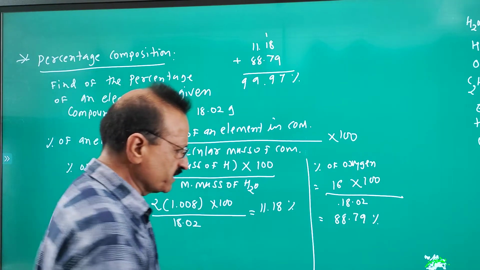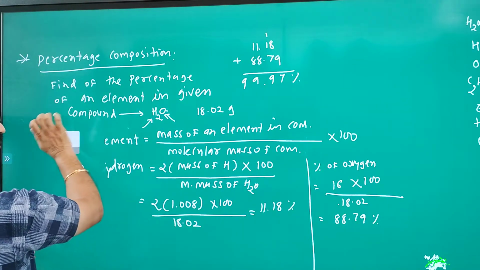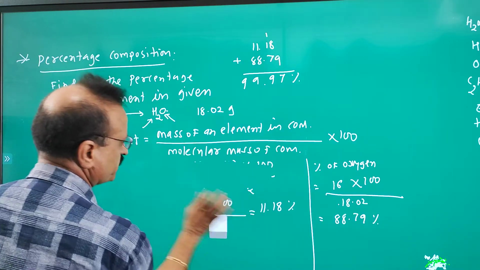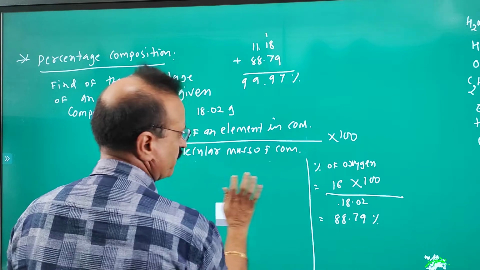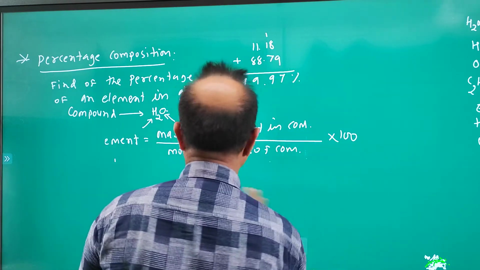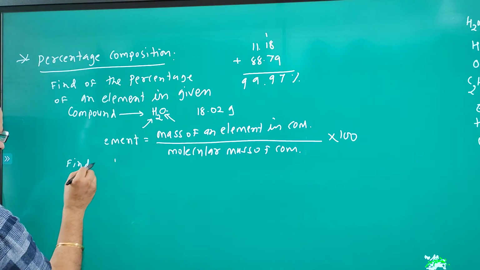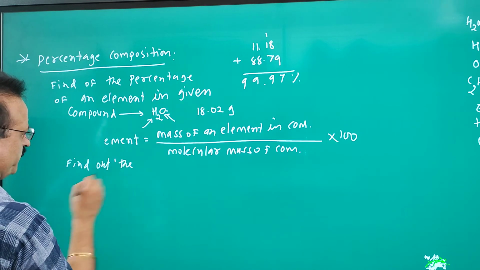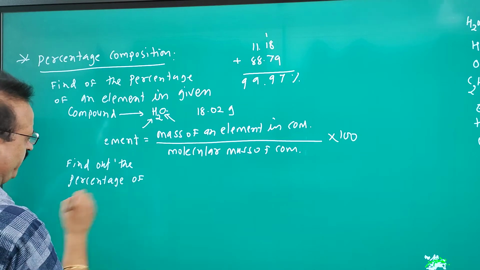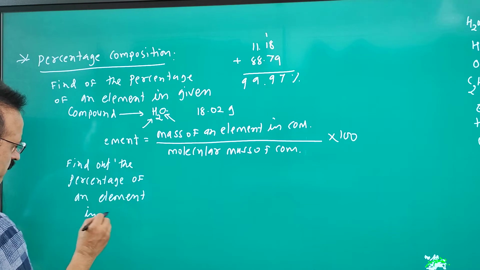Now we have another sum to discuss. The formula will be kept the same, and we will find another sum that is given in your textbook. It is for ethanol. Find the percentage of an element in ethanol.